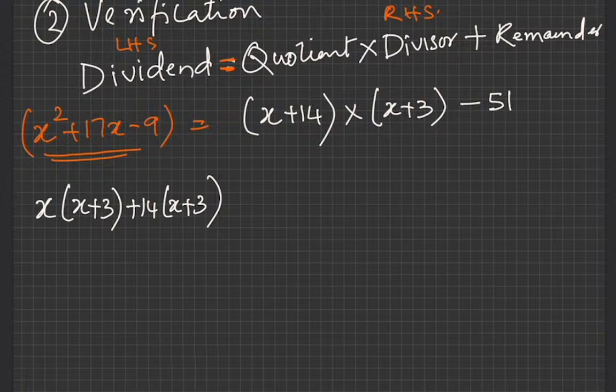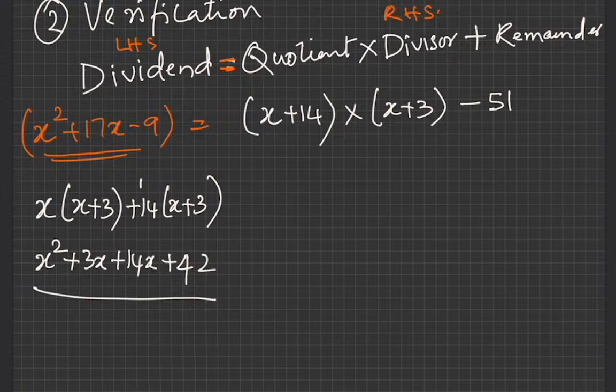So now x times x is x squared plus 3x plus 14x plus 42, right? So this is what I've got, x squared, and I have like terms over here. These are the two like terms that I have. So let me add that up.